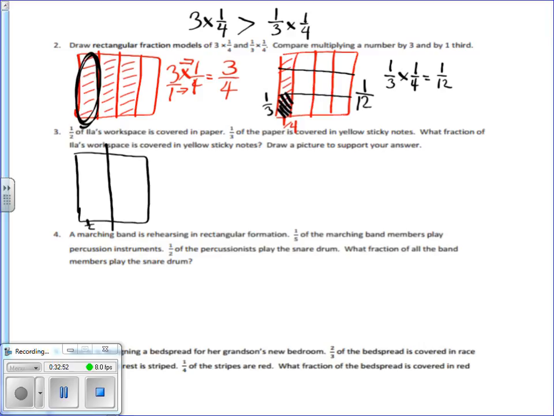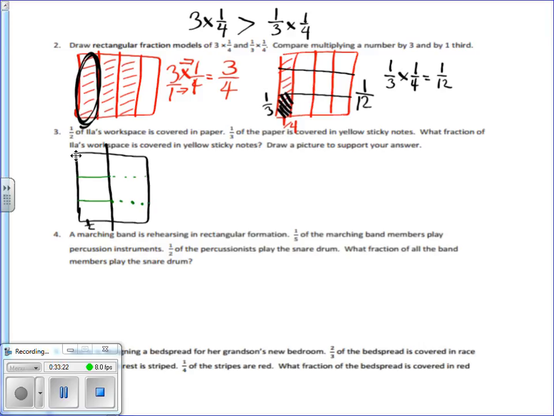Half of it is covered in paper. 1/3 of the paper is covered in yellow sticky notes. 1, 2, 3. I can continue this, but half of the workspace is covered in paper. Is this half covered in paper?